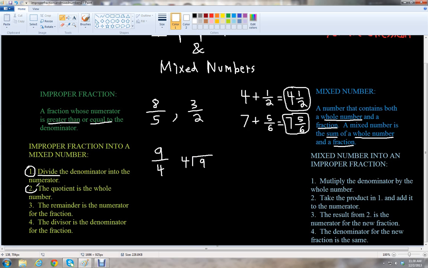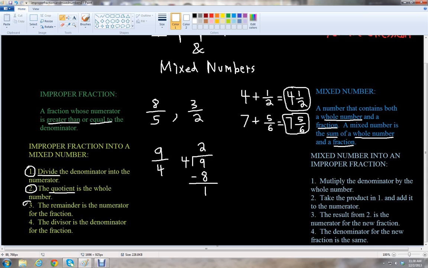In rule 2, we find the quotient. 4 goes into 9 how many times? 4 times 1 is 4, 4 times 2 is 8, so it goes 2 times. Then 2 times 4 is 8. Subtract: 9 minus 8 is 1.